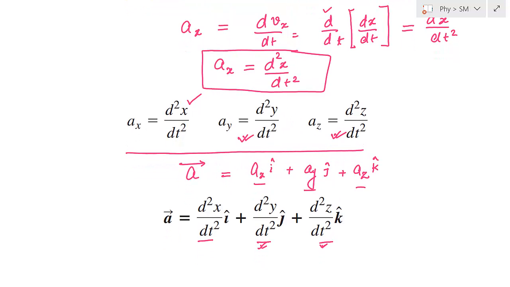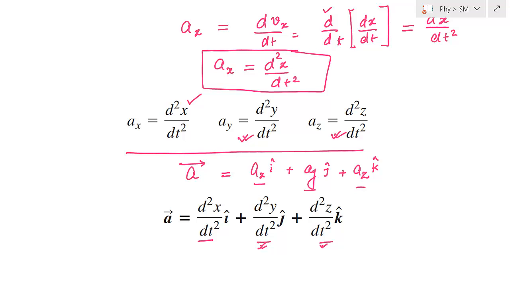So in this video we have seen what is average acceleration and how this is related to instantaneous acceleration. Basically, instantaneous acceleration is a special case of average acceleration when delta t goes to 0, or the two points P1, P2 are very close to each other. In that case, we can define the limiting case of average acceleration as instantaneous acceleration.